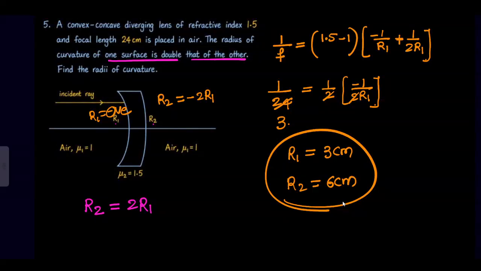Sorry, 4 6s are 24, not 4 3s. So this is 6 centimeters and this is 12 centimeters, right? So it will be minus also. Minus indicates the directions. Values are positive, we can take it.